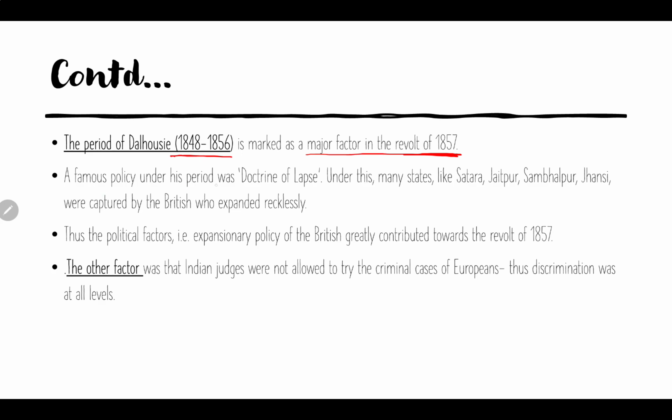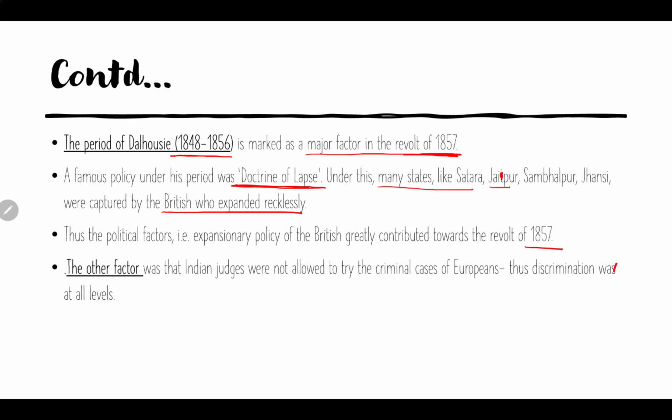The famous policy under his period was the doctrine of lapse, under which many states like Satara, Jaipur, Sambalpur, and Jhansi were captured by the British, who expanded recklessly. This expansion policy of the British greatly contributed towards the revolt of 1857.